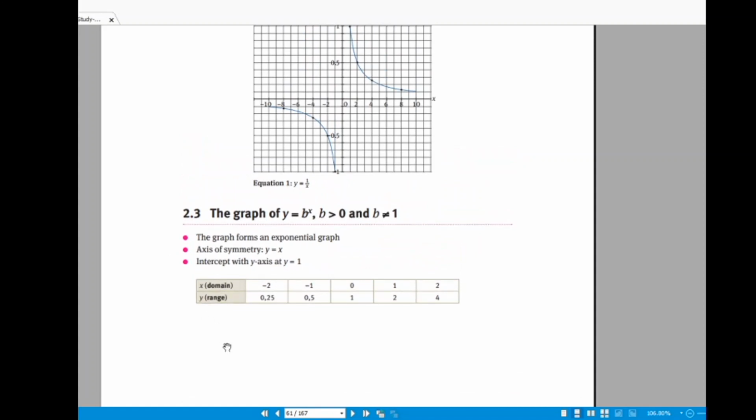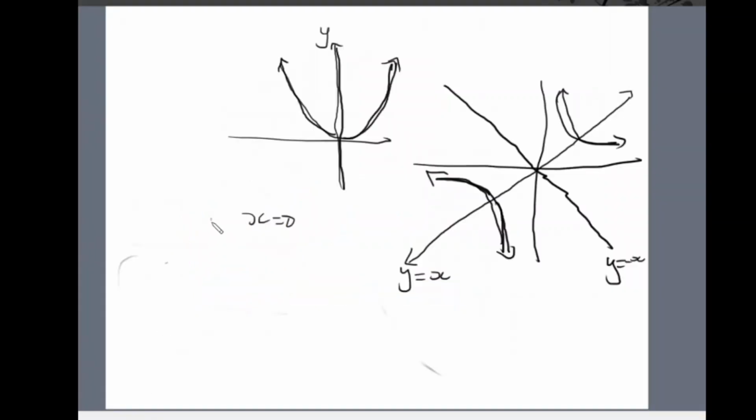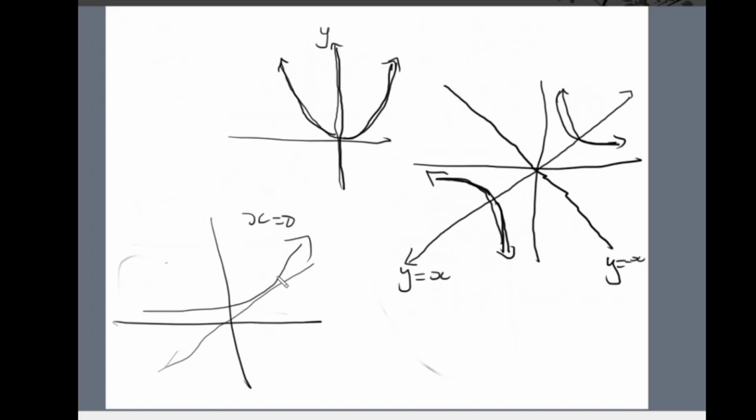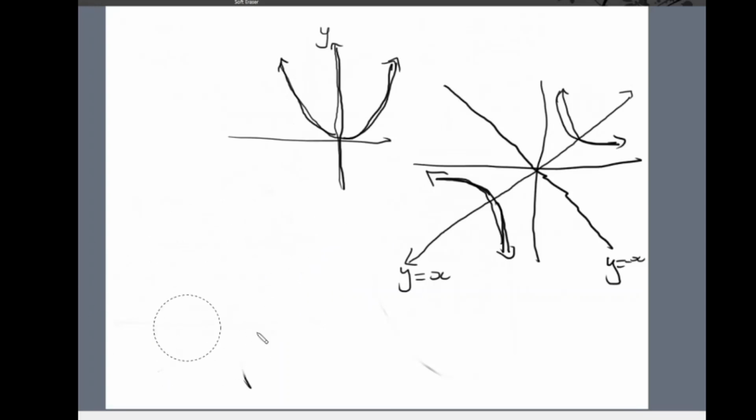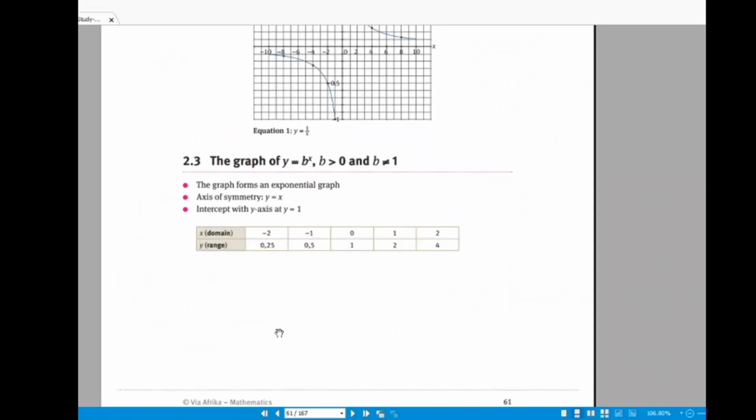I don't think the exponential graph has an axis of symmetry, because it looks like this, and then the line y equals x is this one. I'll confirm if an exponential function does have an axis of symmetry, but I doubt it does. So we have the exponential graph, with the form y equals b to the power x.